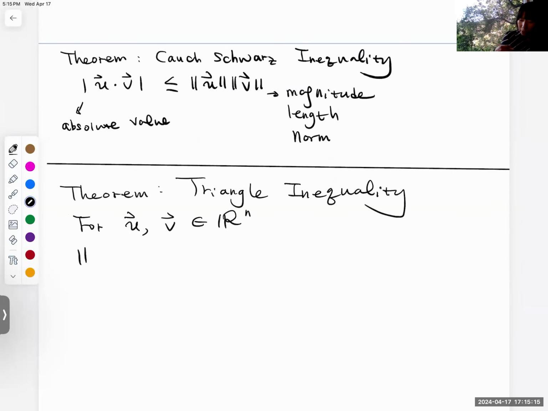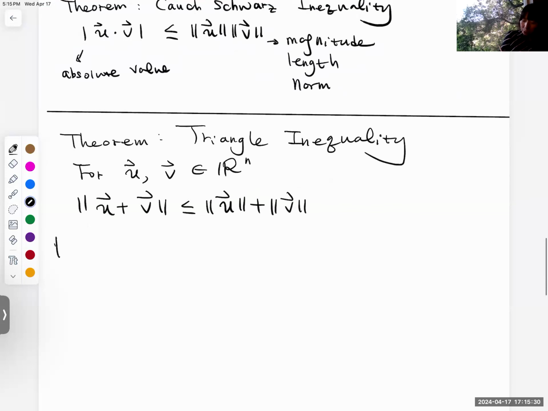So we have the triangle inequality: the magnitude of u plus v is less than or equal to the magnitude of u plus the magnitude of v. Okay, so with the proof.